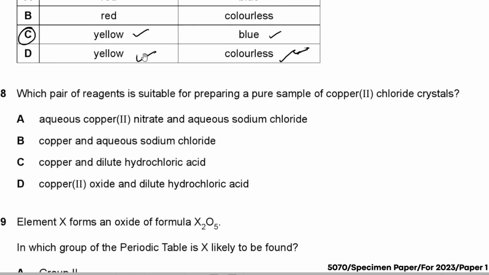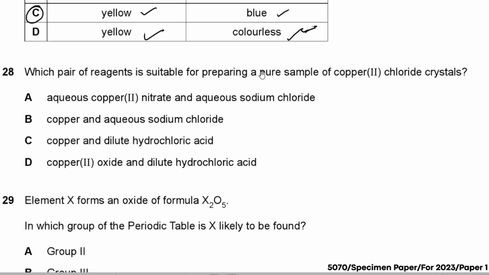Moving on, which pair of reagents is suitable for preparing a pure sample of copper 2 chloride crystals? So copper 2 chloride is a soluble salt, since it's a chloride and all chlorides are soluble except silver and lead.